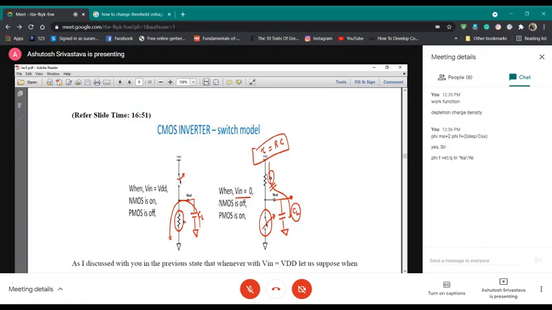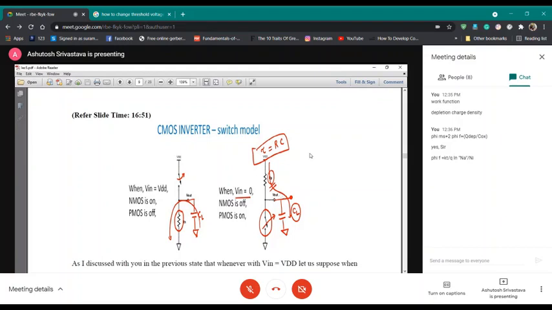So the NMOS transistor is in the cutoff state, while PMOS is acting as a resistor. It will be just offering some resistance to the flow of current from VDD to your load capacitance CL at the output.